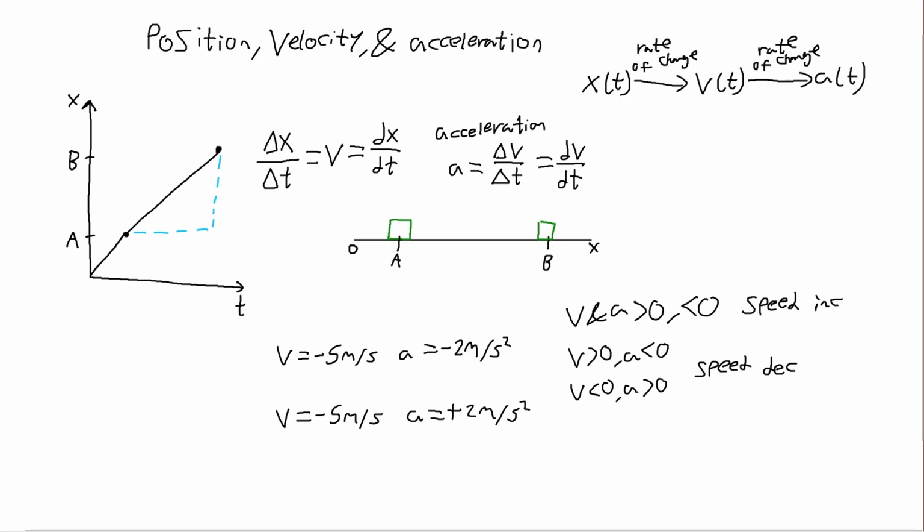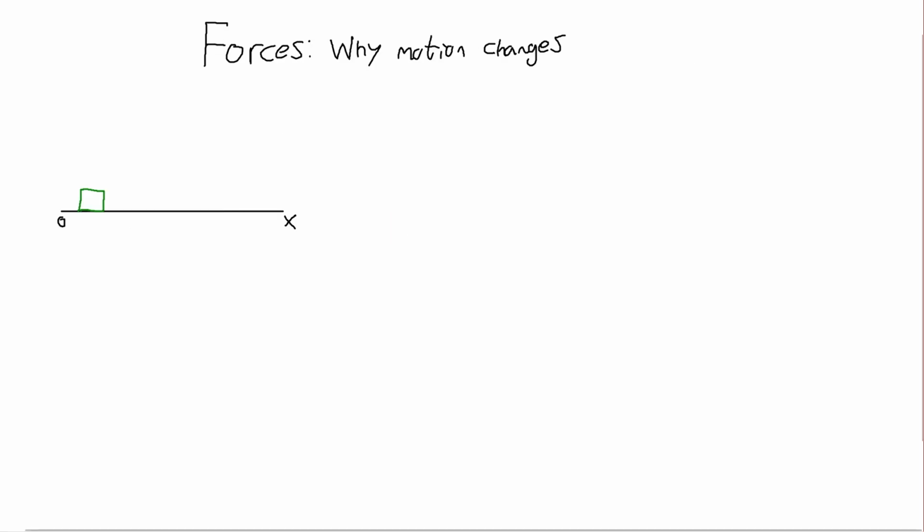And the speed is the magnitude of the velocity. So you can have a negative velocity; the magnitude would still be the number, and the negative sign would be the direction. We've described motion, but what actually causes velocity to change?